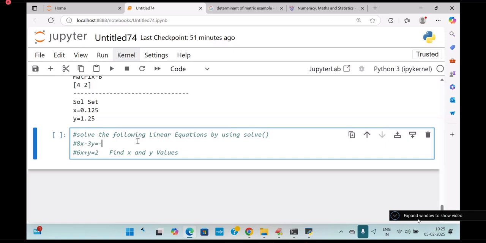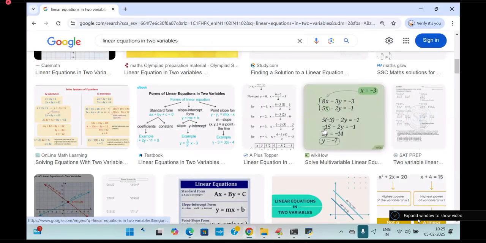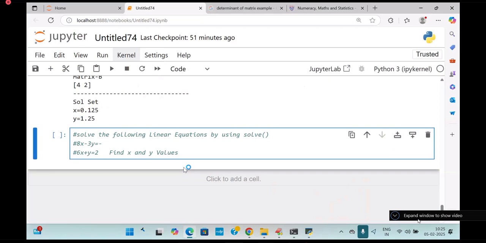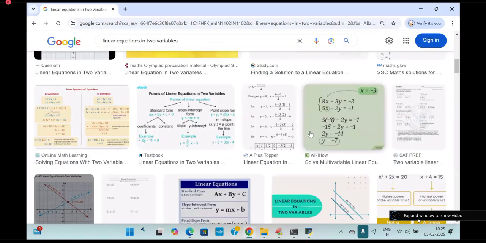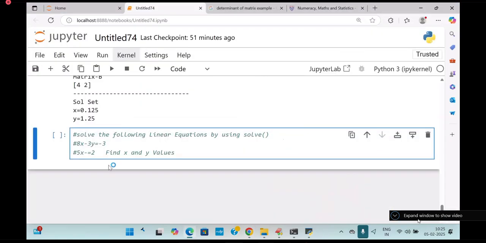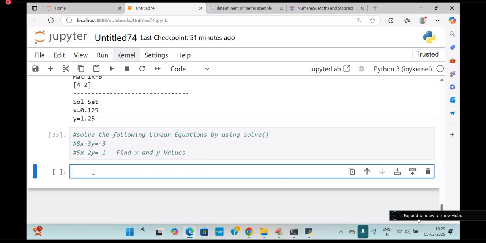minus 3. Next, 5x minus 2y is equal to minus 1. Find the values of x, y. Start. Come on, fast.